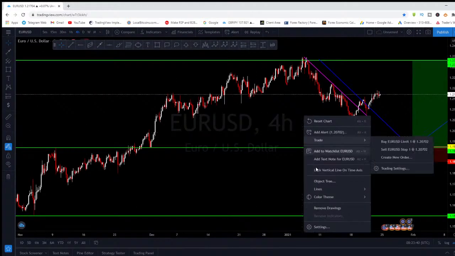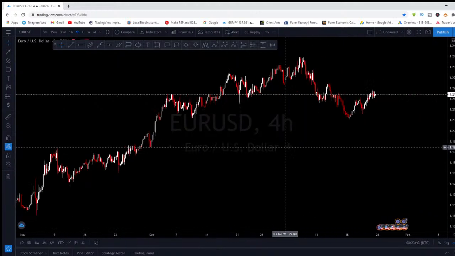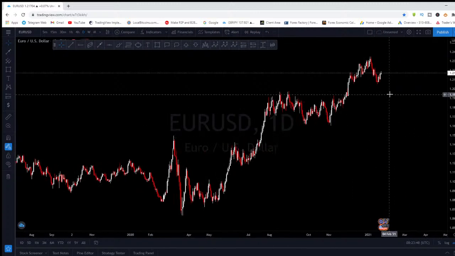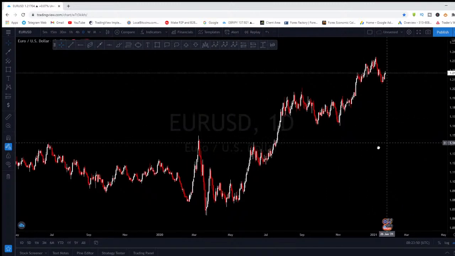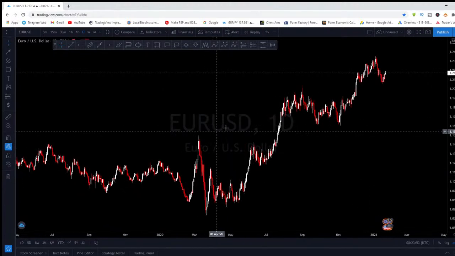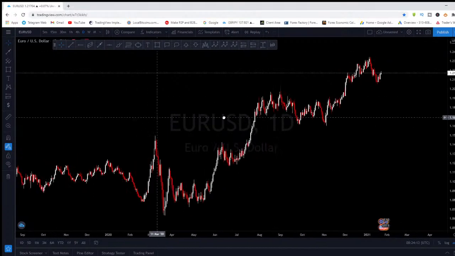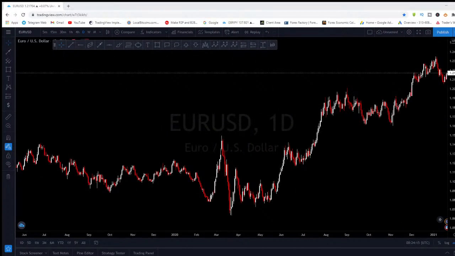So I'll clear this analysis and do a new analysis so that you can understand exactly what I'm expecting, right? It is very important, guys. This is Euro USD daily time frame at the moment. Let me check on something, guys.